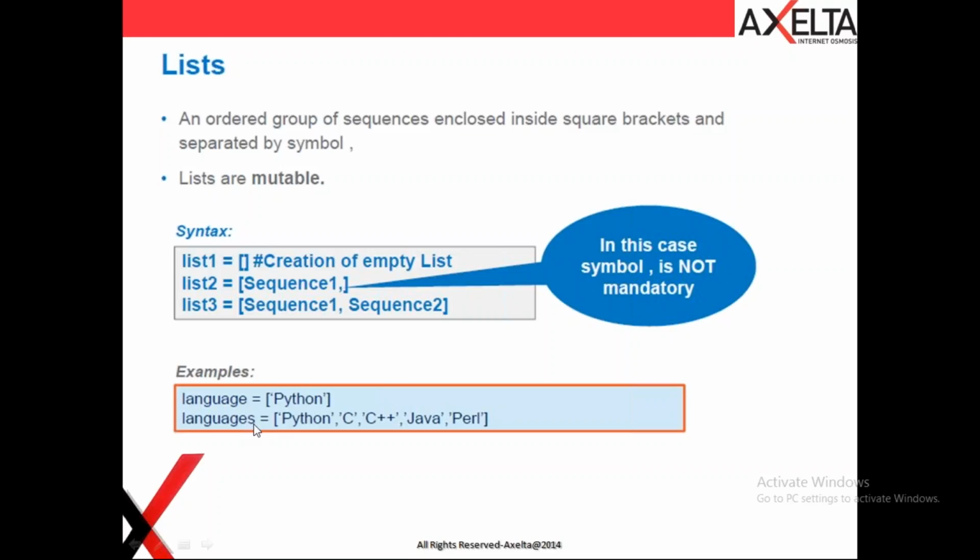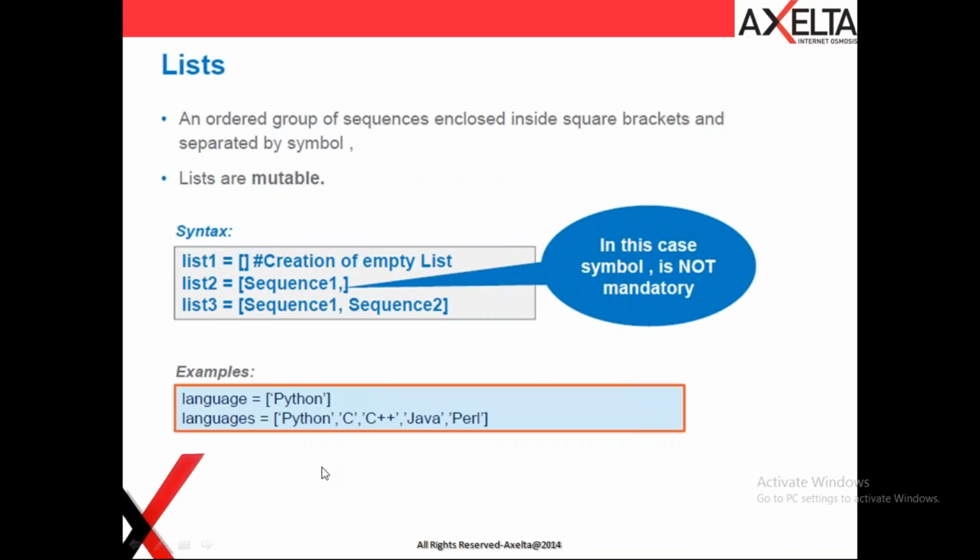Languages is the name of the list. The first element is Python, next is C, C++, Java and Perl. If I want to access Python, I can simply say languages of 0, within square brackets. If you say 0, you can access Python. You can say languages of 1, you get C.